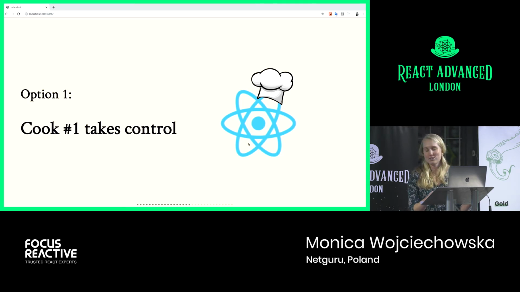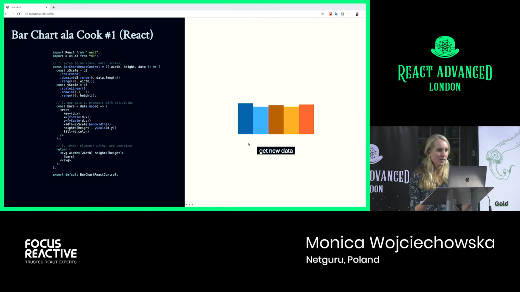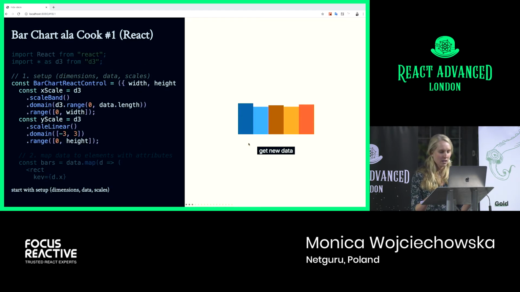This is where our first cook, React, will take control. So this is the classic React that we know and love, but we're just using D3 as a utility library, so for certain calculations. So we start with setup here.